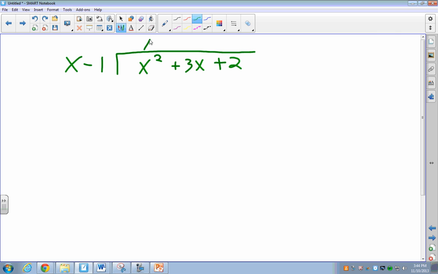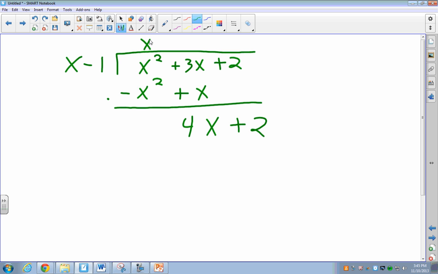So we need an x up here, so -x squared plus x. So here we need plus 4, -4x. Minus 4, we get our remainder here is -2.